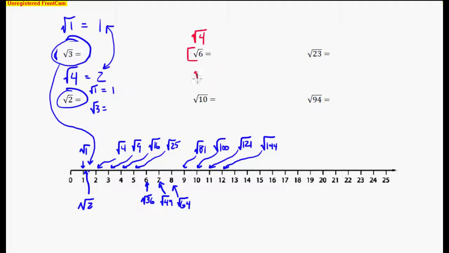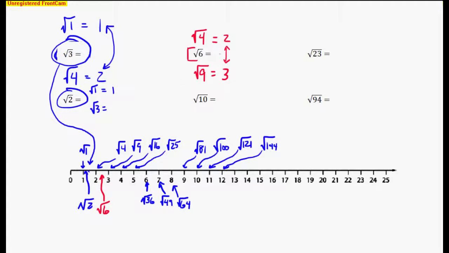The next highest is the square root of 9. The square root of 4 is 2. Square root of 9 is 3. So that tells me that the square root of 6 is in between 2 and 3. So I can go down here and put square root of 6. That's going to be somewhere in there, in between 2 and 3.